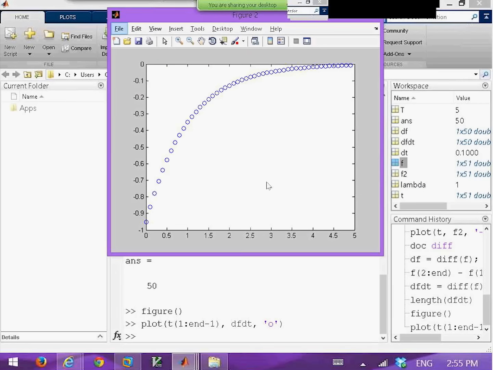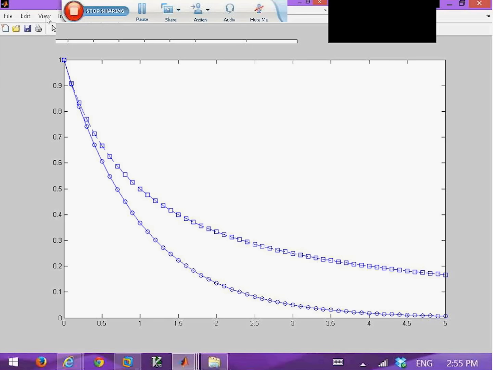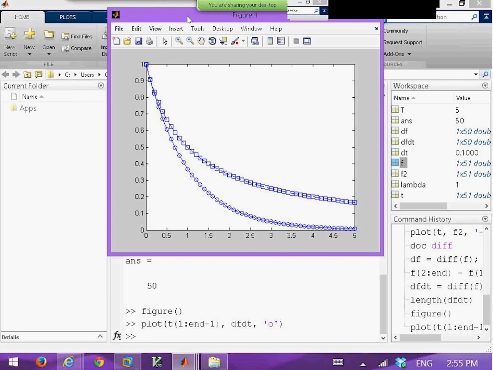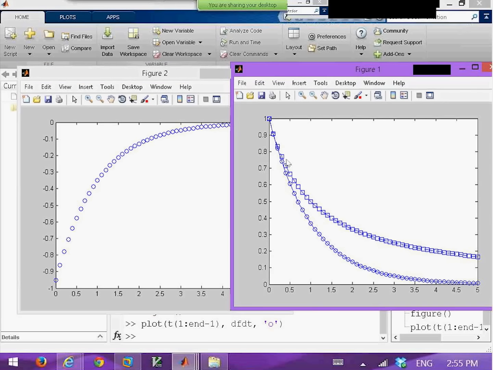And is this the derivative? Yeah, this is the derivative. It goes all the way to close to minus 1 to 0. And you can see it is roughly an approximation of the slope of the circle line, right? The slope is negative, therefore the derivative is negative.